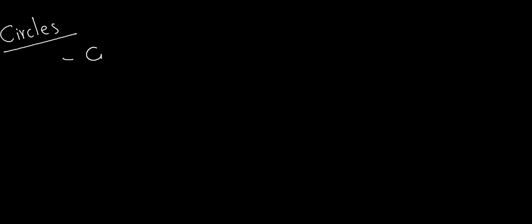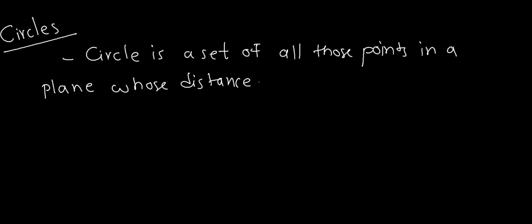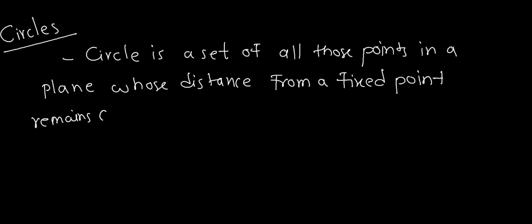A circle is a set of all those points in a plane whose distance from a fixed point remains constant.